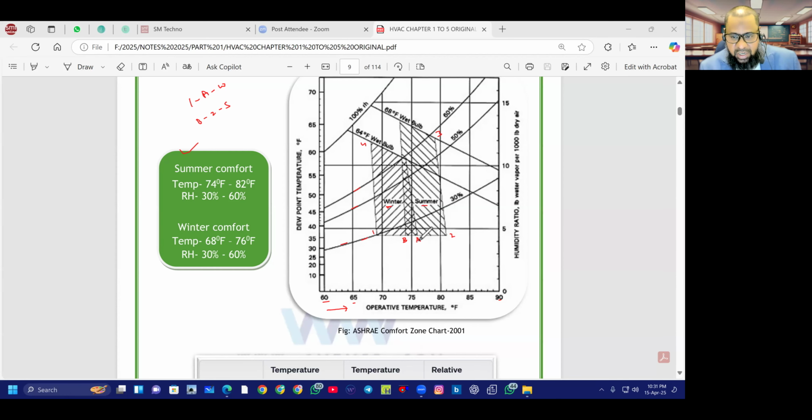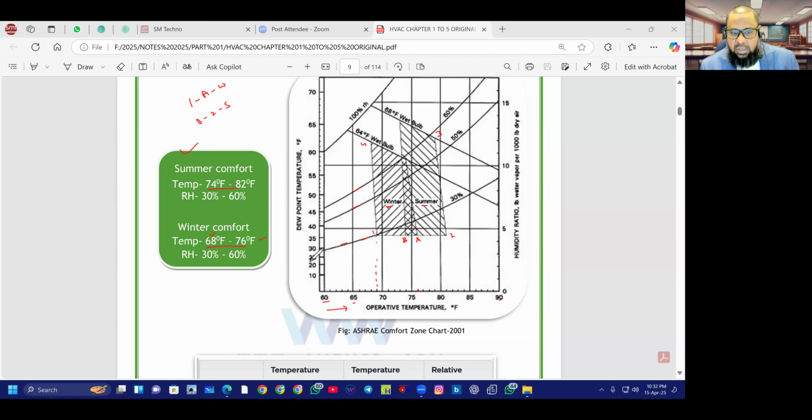For 1 to A, the temperature range, sorry, my mistake, first winter: 68 to 76. When you drop this line from the start of winter, I can consider 68, and the end at A is nearly 76. So the winter comfort temperature range is 68 to 76 for human comfort.